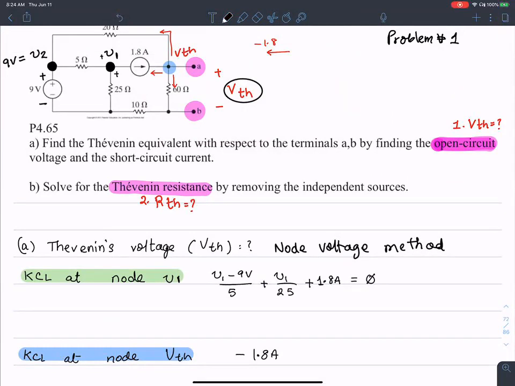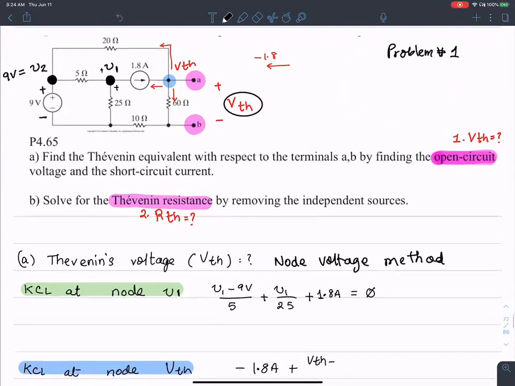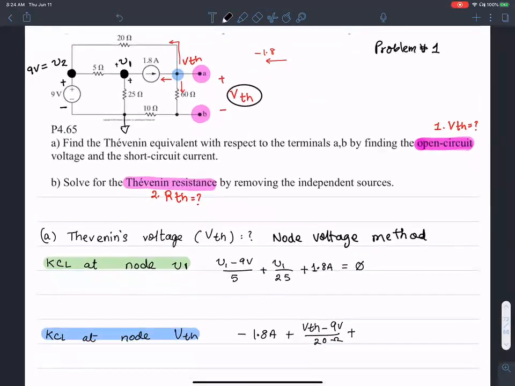Then what about VTH minus V2 over 20 ohms? Is that right? VTH minus V2, which is 9 volts, over 20 ohms, correct. And what else? If I call this the ground, there is one more branch. Is it just going down from VTH? How do you account for ground in the equation?